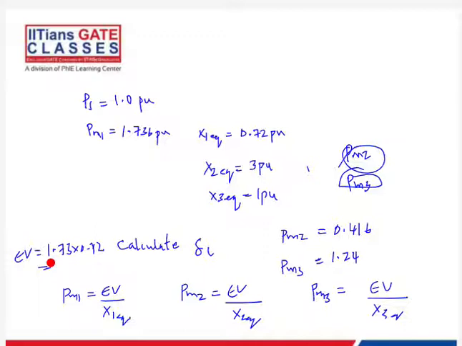So you will get 1.245. So what is PM2? It is 1.245 divided by 3, so you will get 0.416. And what is PM3? It is 1.245 divided by 1. Right? Is that clear? Now with these values, can you calculate delta 0 and delta max?